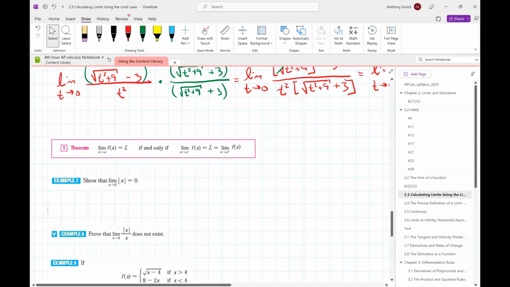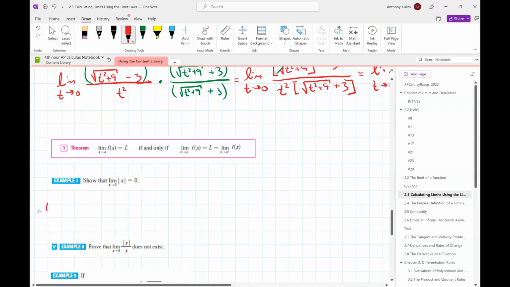However, if I think way back in time, the definition of an absolute value is the piecewise function as such. The absolute value of x is equal to x when x is non-negative, and it's equal to negative x if x is negative.